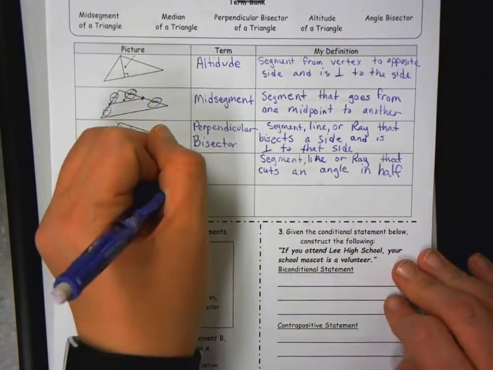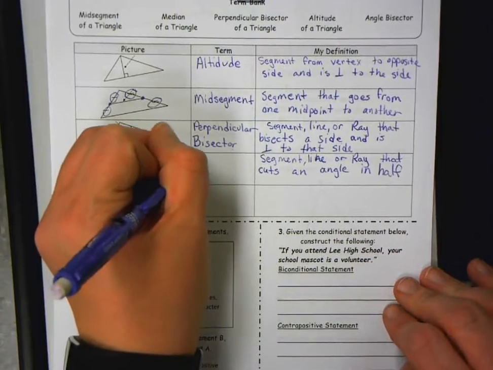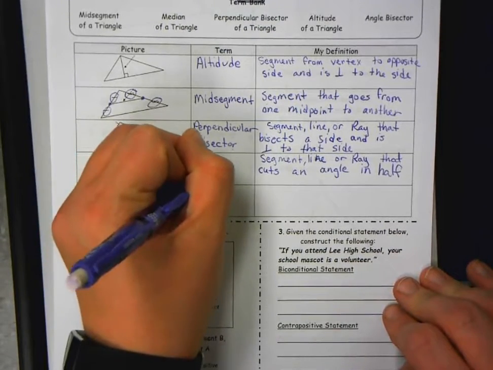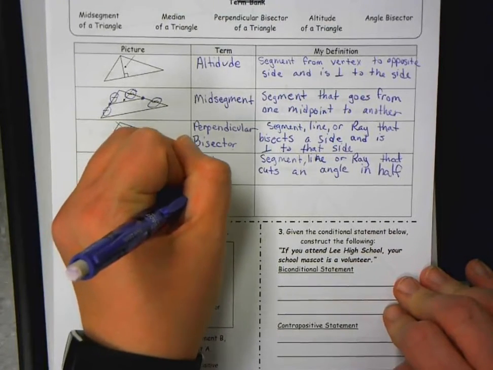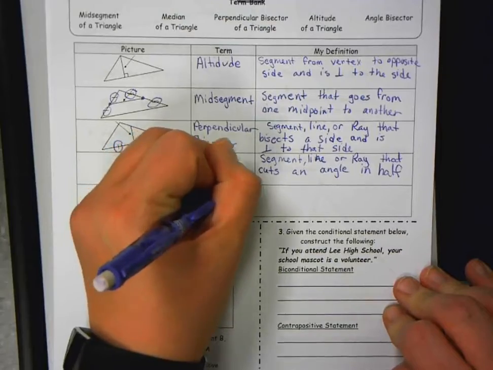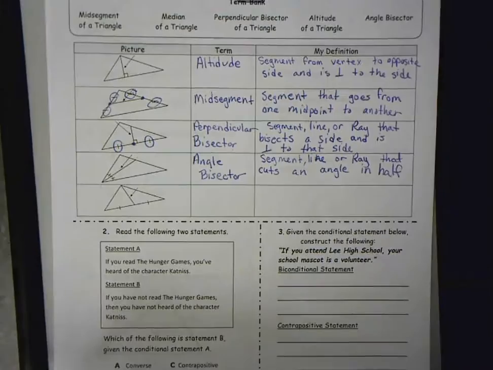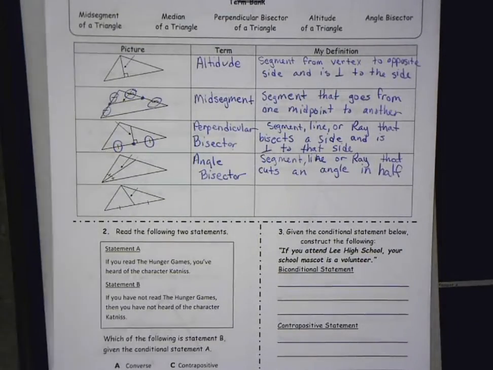So that is going to be our angle bisector. Remember, angle bisectors cut angles into two equal pieces, so they are congruent.